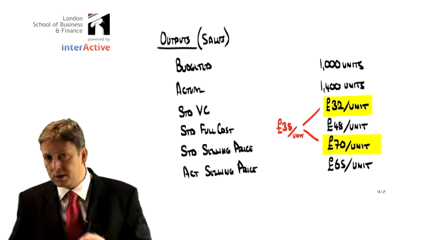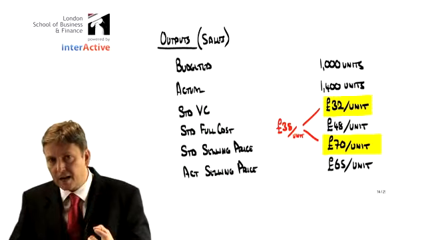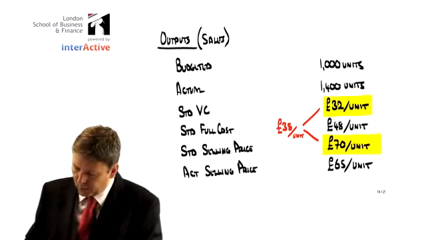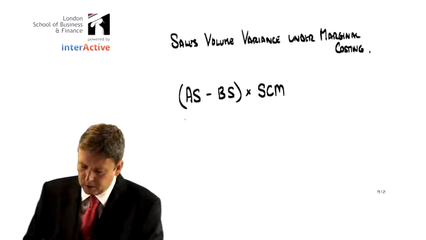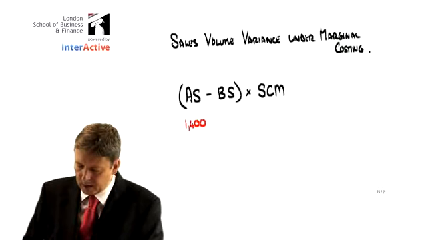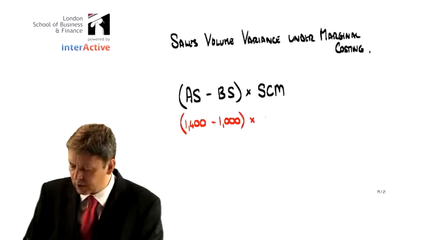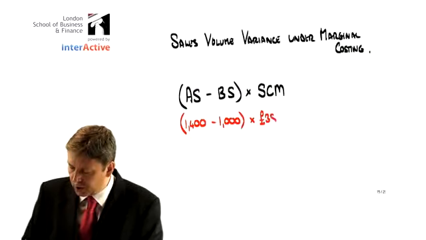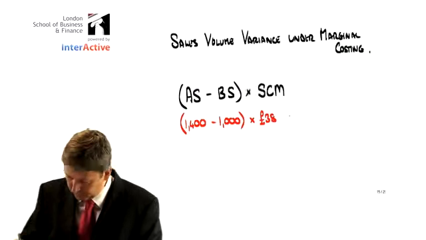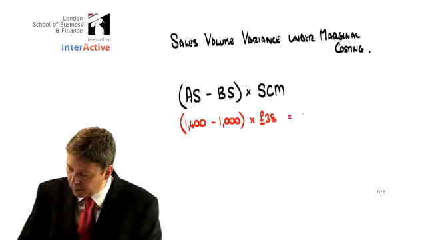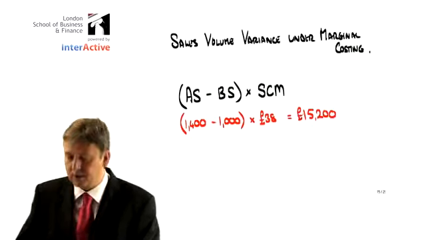Now, in a moment, we'll discuss how this all comes together. But let's just get the numbers out of the way before we do anything else. We said our actual sales were 1,400. Our budgeted sales were 1,000. The standard contribution margin was 38. Therefore, we end up with 15,200 as our variance.